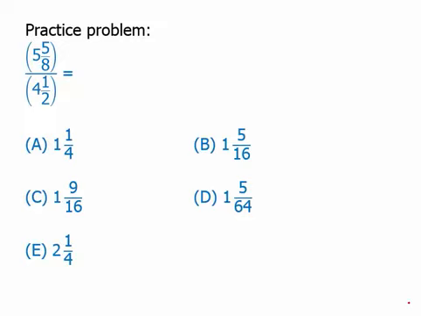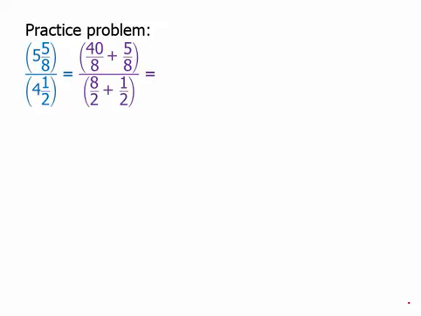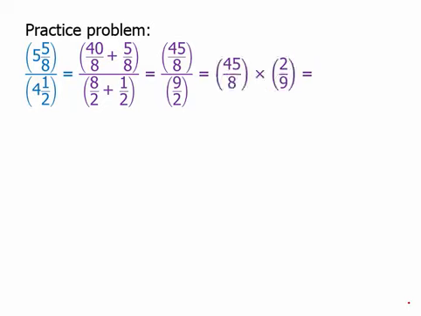It's a very hard conceptual thing. Instead, what we're going to talk about is, let's change those two mixed numerals to improper fractions. So rewrite them as improper fractions. I get 45 over 8 divided by 9 over 2. Of course, dividing by a fraction is the same as multiplying by its reciprocal. 45 over 8 times 2 over 9.